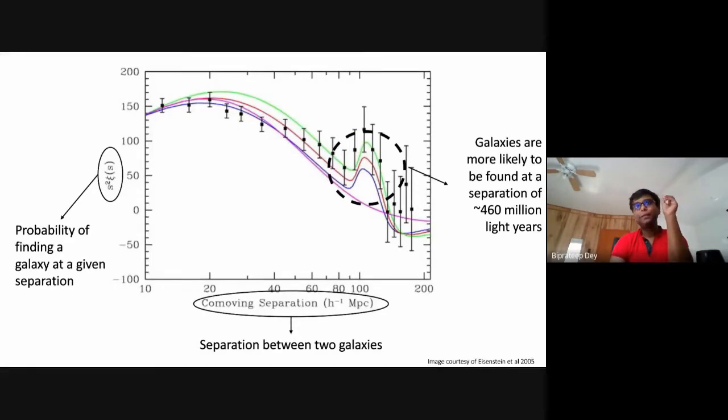And galaxies preferably formed at the compression regions because there was more matter there. And last year's Nobel Prize was awarded to Jim Peebles, who made the first theoretical foundations for this. And hence, since this was pretty recently in the news, I kept it as the first topic.